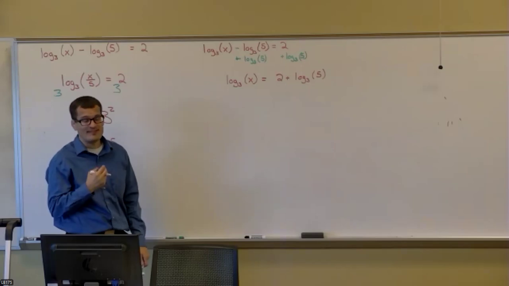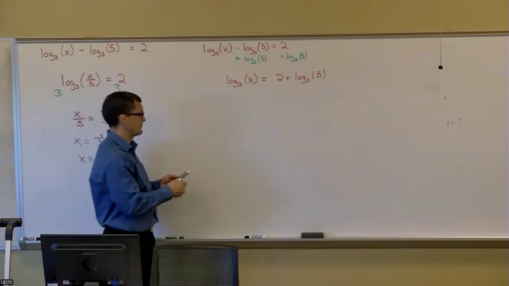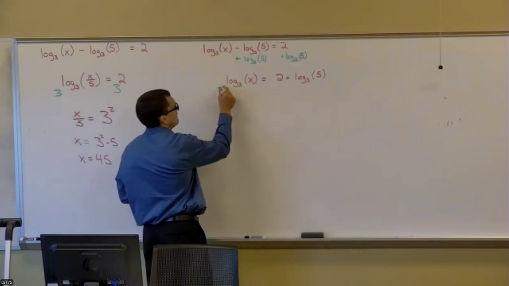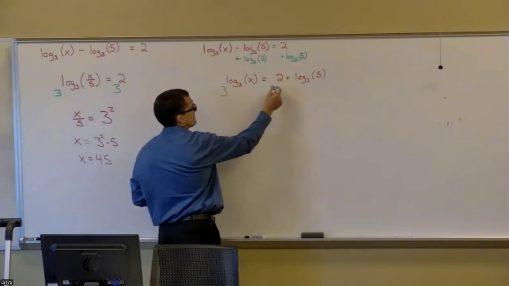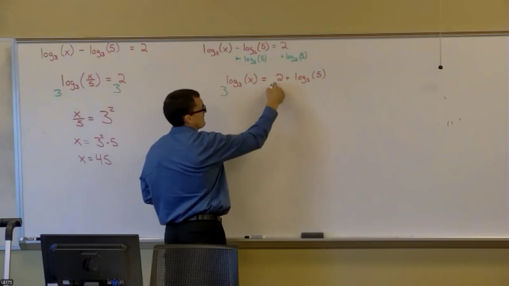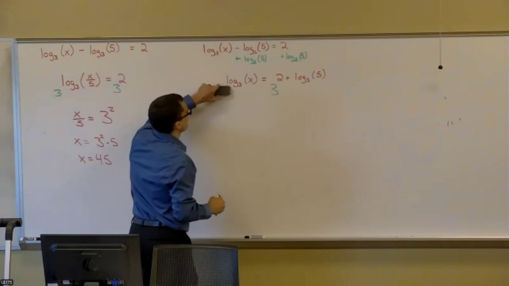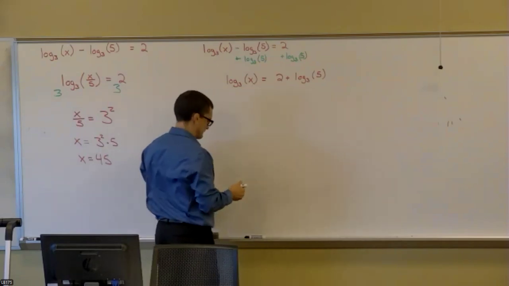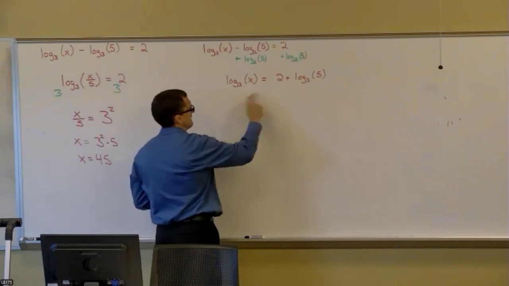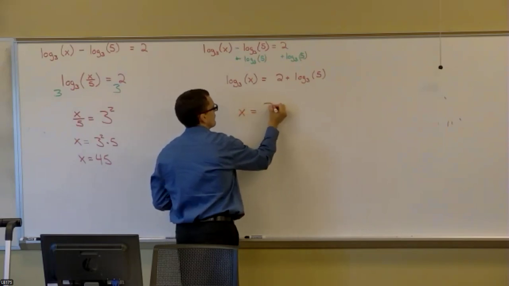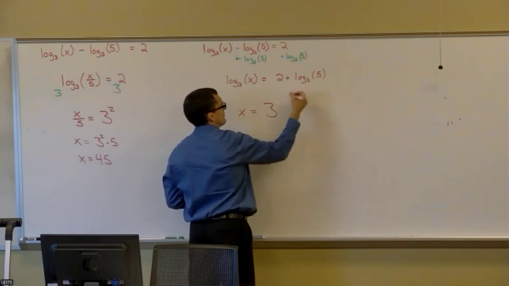And then in the same vein, we can either take each side as the power of 3, or rewrite this as an exponential equation, which gives me x is equal to 3 to this messy looking power.